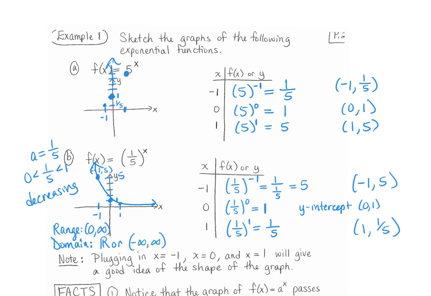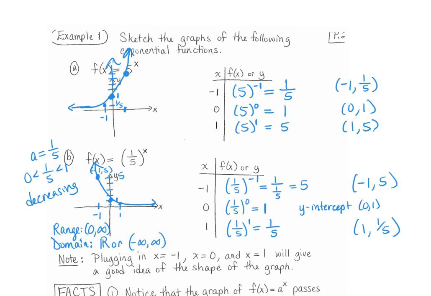Now, is this going to be a straight line? I see you shaking your heads no. You are correct. It's going to have the same shape as this one, but it's going to be increasing instead of decreasing. So it's going to look like that. Is it ever going to touch the x-axis?